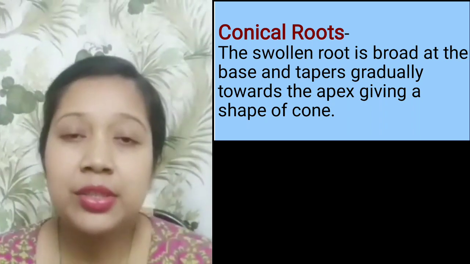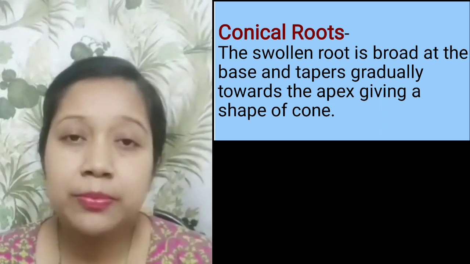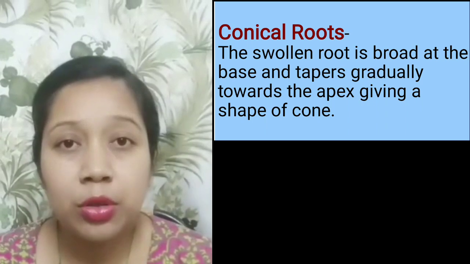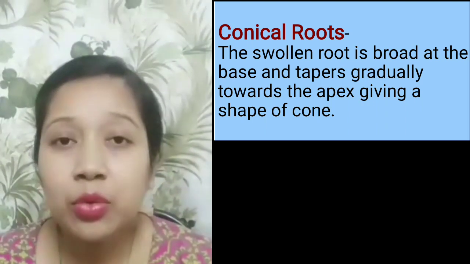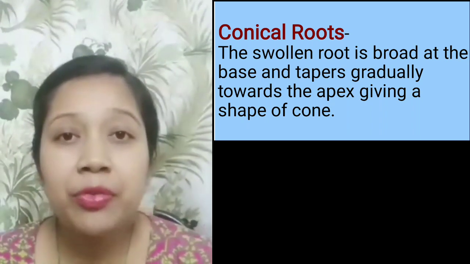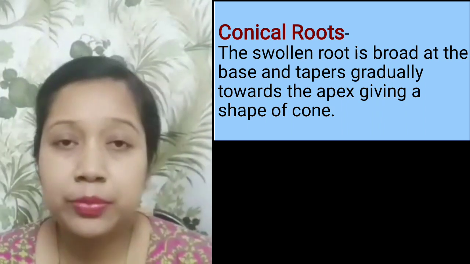In case of the conical taproot, the shape of the swollen root will be like a cone, and as it resembles the shape of a cone, that is why it is called conical taproot.